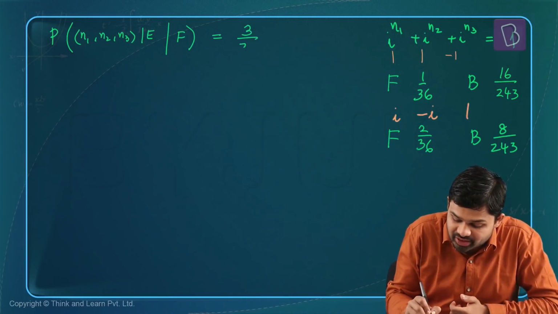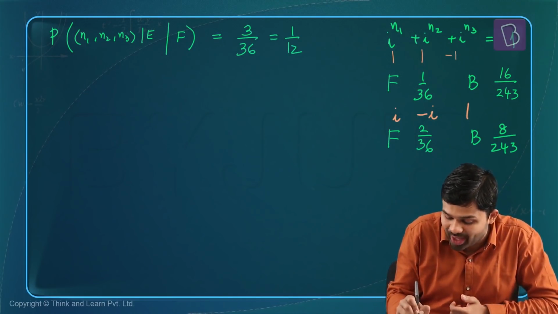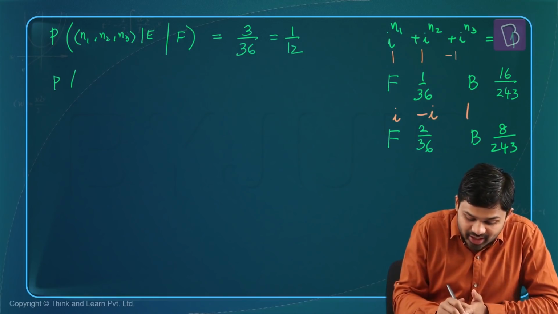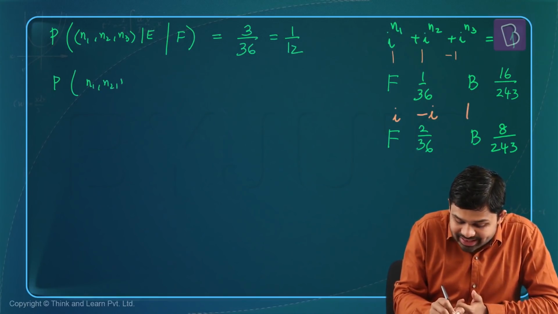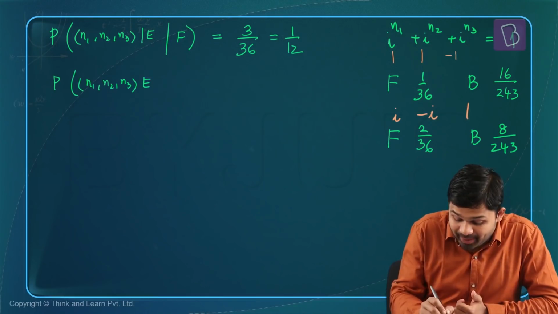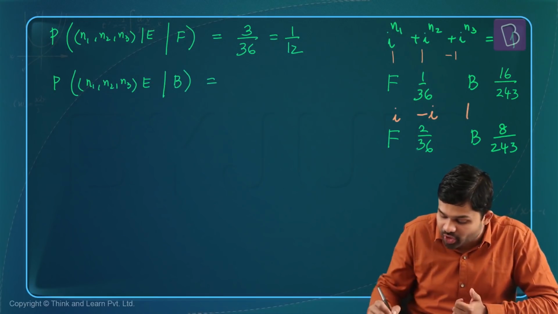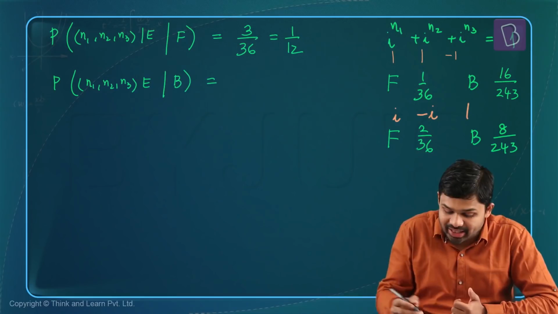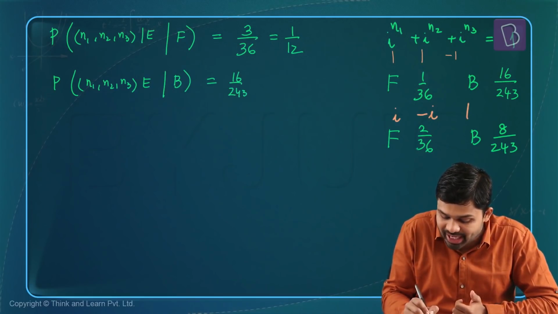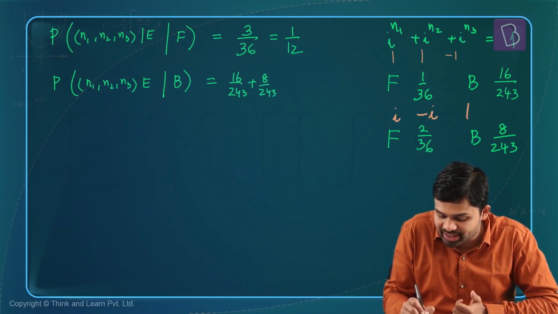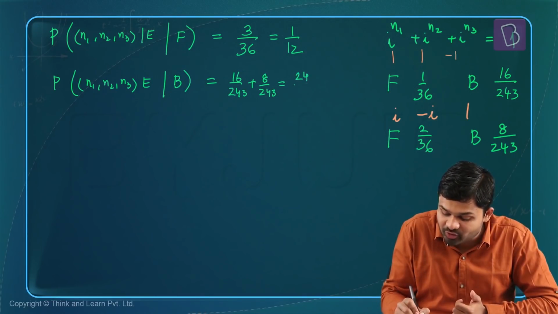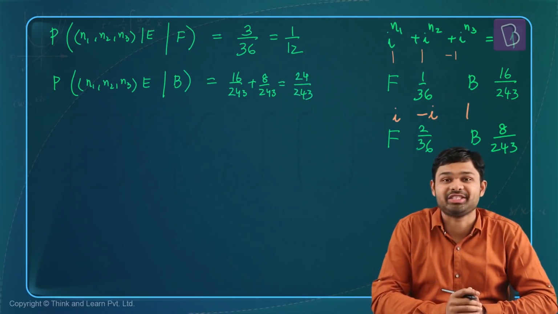So that is 3 by 36, or 1 by 12. For the other case, wherein n1, n2, n3 satisfy the event with the biased die, this is going to happen in 16 by 243 plus 8 by 243, which is nothing but a probability of 24 over 243.